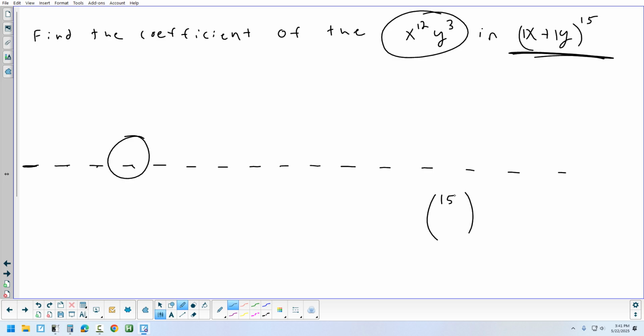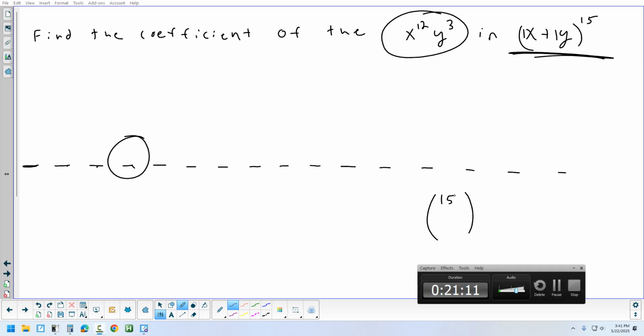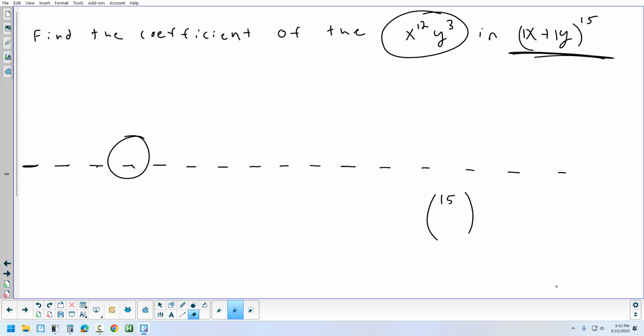So we're looking at row 15. And what column are we looking for? What column is the fourth number in?